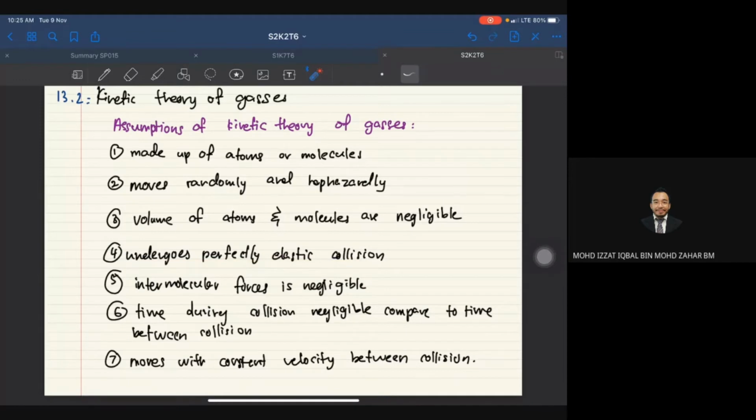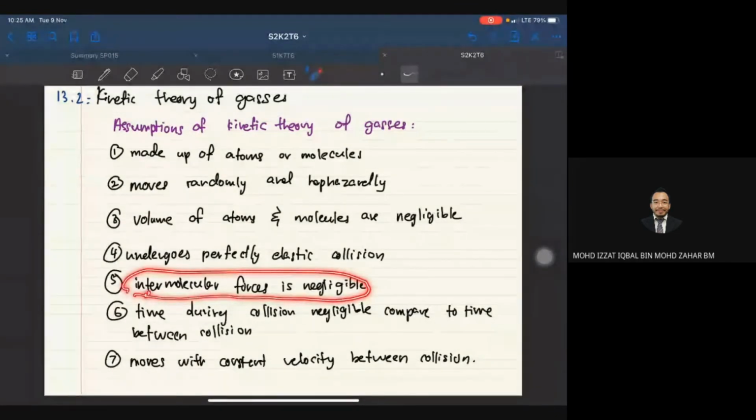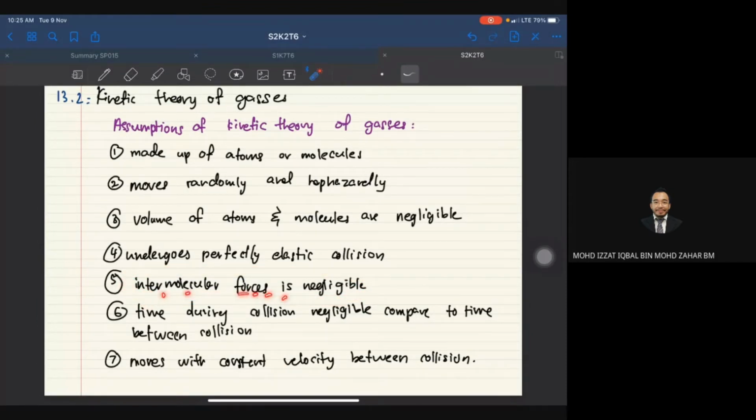So if you guys still remember in chapter 3, you learn about elastic and inelastic collision, and what can you say about the kinetic energy there. Okay, and then intermolecular forces are negligible. So kalau kamu tengok kat chapter 7 gravitation, any object that has mass will have an attractive force, akan ada potential. But here we ignore the intermolecular forces because the mass is very small.